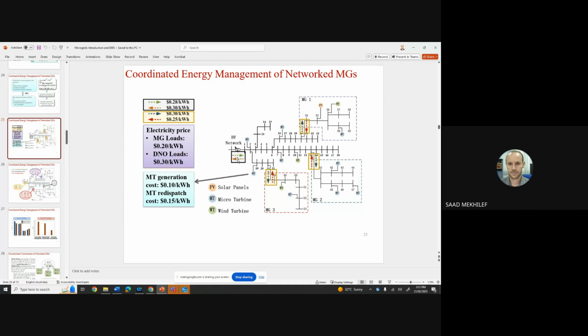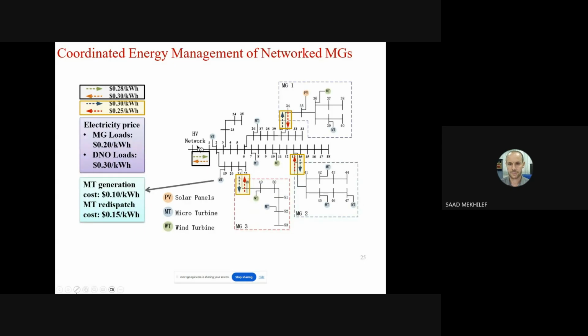Okay. So we can see here there are two. Let me share the screen. Let me use the pen. So what we have here: you can see these two colors. These two colors are the price of the grid, when we buy and sell from the grid.